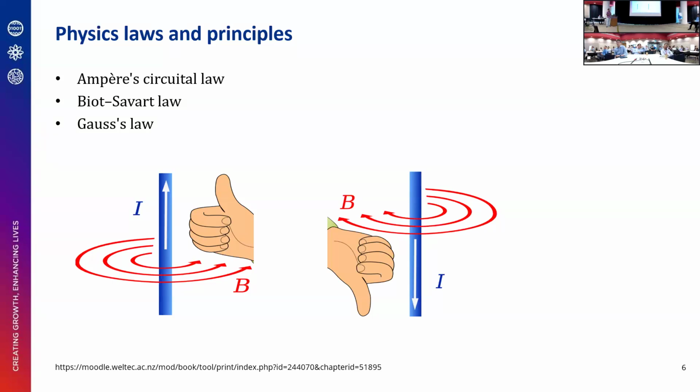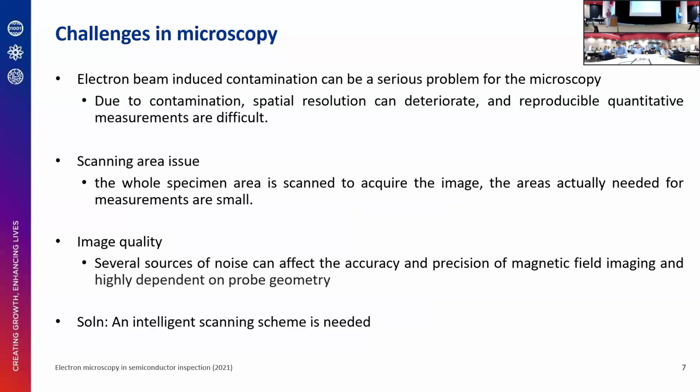When the current flows upward, the magnetic field forms clockwise. When the current is downward, the magnetic field is anticlockwise. All these laws relate the magnetic field with the current, and that is the basis we try to extract. We are working on how this can be adapted into AI tools. There is an ongoing research project with some industries and universities.